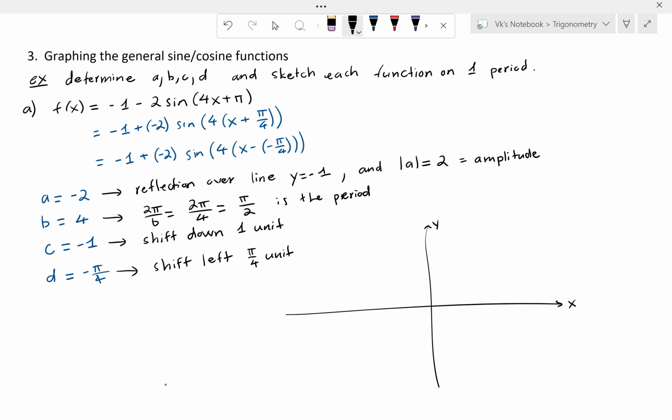First thing that we do in the sketch is we sketch out the middle of the graph, so that's -1. And then the shifting. Now, we know we're going to shift left by pi over 4.